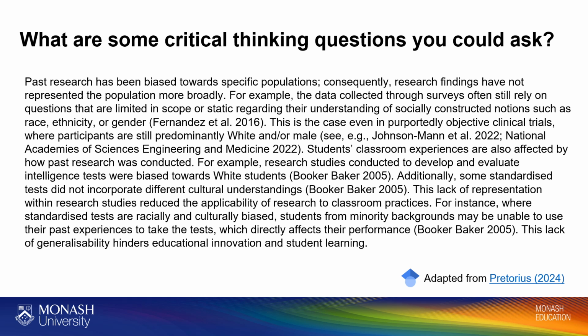So then I can talk about this study, which looked at the original IQ tests and how they were developed, and showed that the way the questions were asked were culturally biased towards a particular population. And then you would have more evidence to decide whether you believe me. These are the sorts of critical thinking questions we want you to ask when you are reading articles.